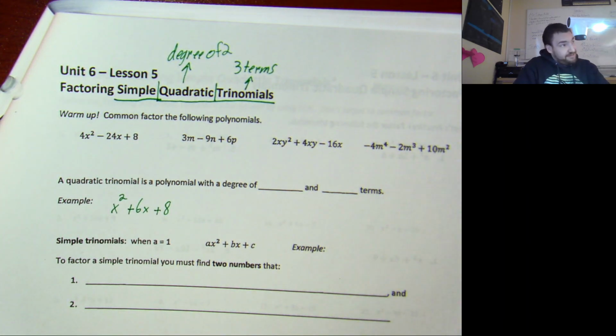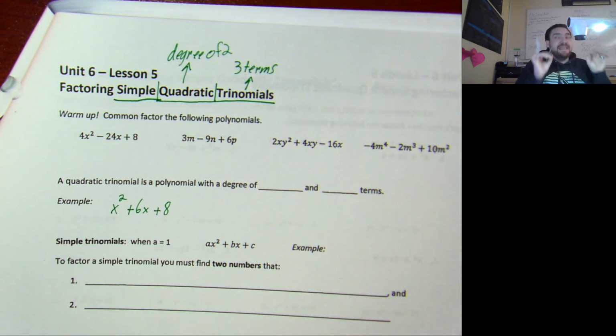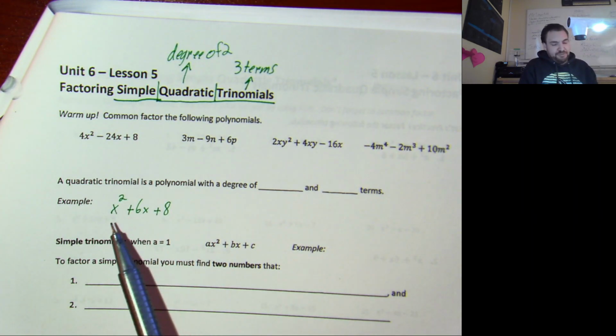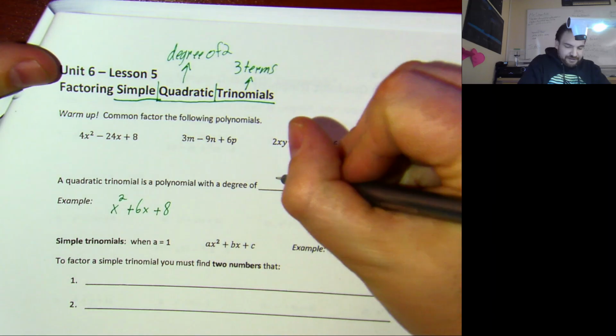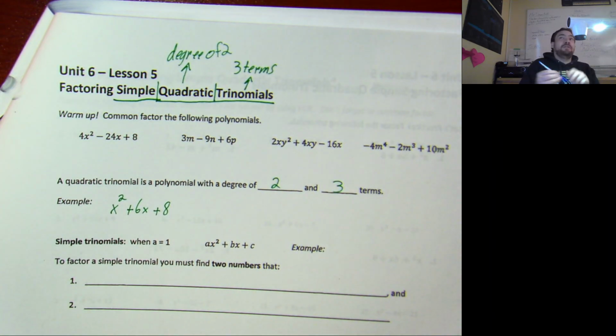No, because you only add up the exponents on the variables in a single term. These are in separate terms. We do not combine their exponents. This thing has a degree of 2. It has 3 terms. Degree of 2 and 3 terms. And it's simple.